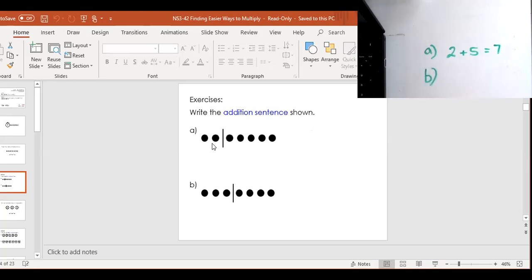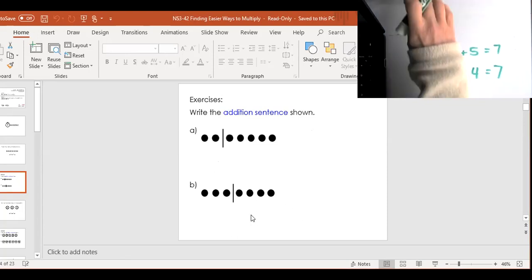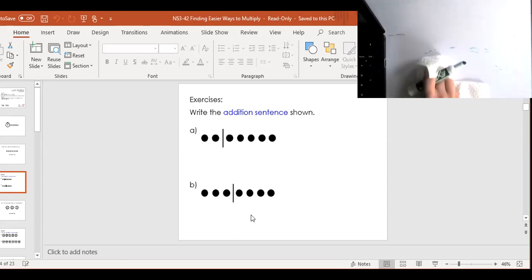B, how many dots do we see here? 3 plus, and how many dots do we see here? 4. Oh, that is also 7. So as you see, it's just depending on where they're putting this line, how they're breaking this up. Okay, 2 and 5 is 7, 3 and 4 is 7. Okay, good.